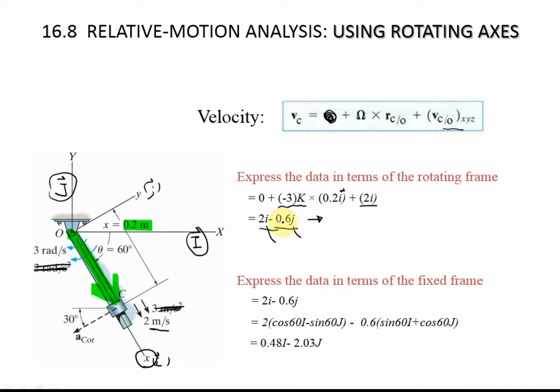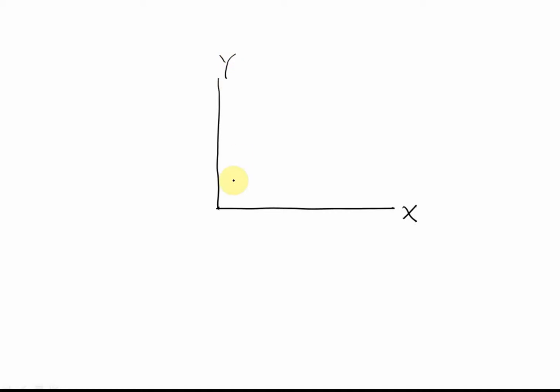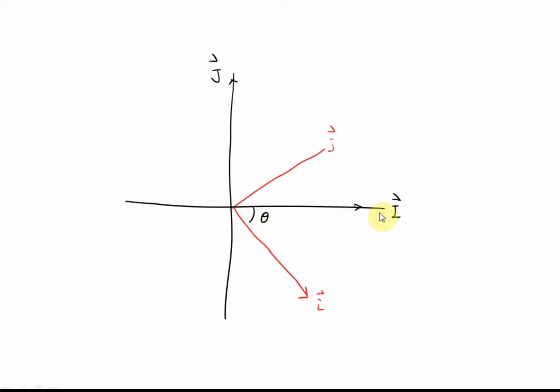So how do you convert the small i to capital I? Let's say X and Y, and then this is I, and this is now let's look at this. This is capital IJ and this is small ij. So if you want to express small i in terms of capital IJ, then you can simply break your small i to the I axis and to the J axis, like that.